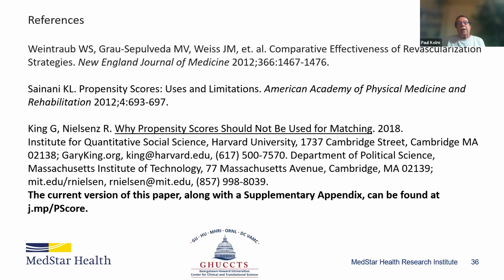Also, let me just say that most of the major statistical software, SAS, Stata, and of course you can do it in R as well, will do propensity score matching, either the IPW version or the matching.